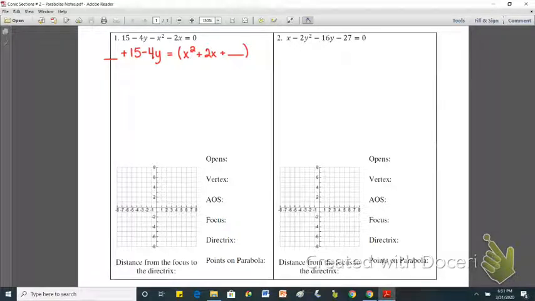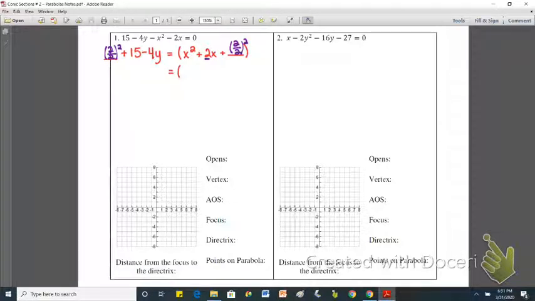Next I'm going to fill it out just like I did yesterday. I take my b term, so it's (2 over 2) squared. What I put on one side, I must put on the other. We're not figuring out what the value is, we're just writing it down. Now we're going to go ahead and factor.